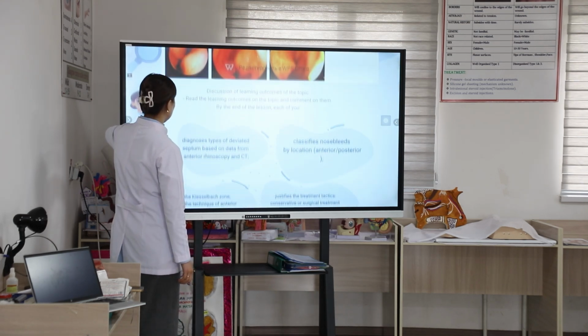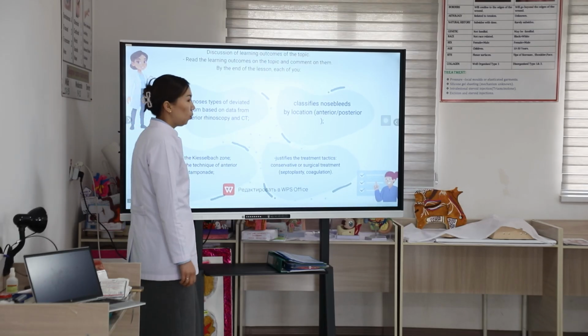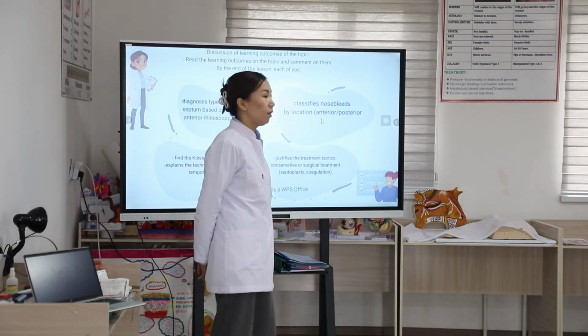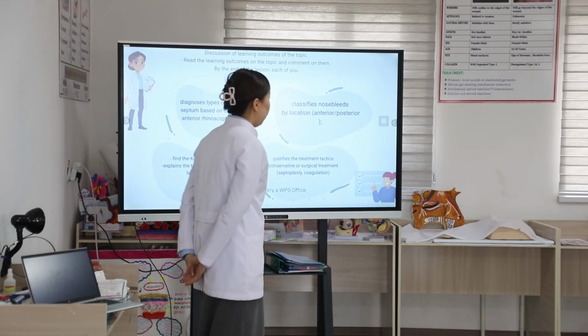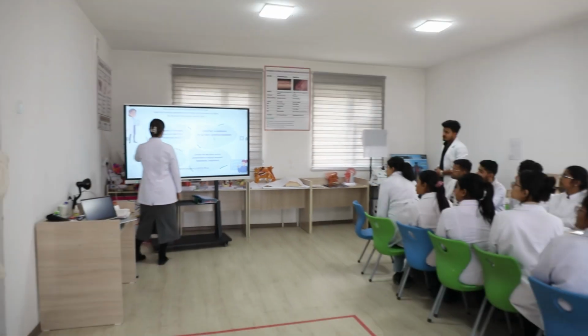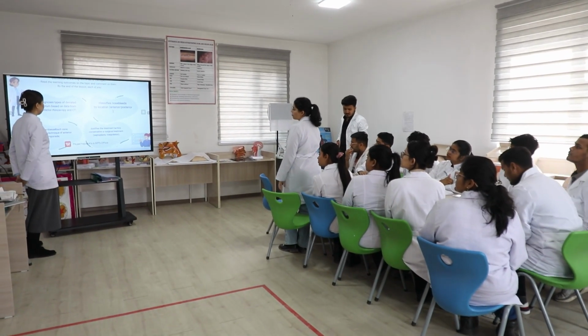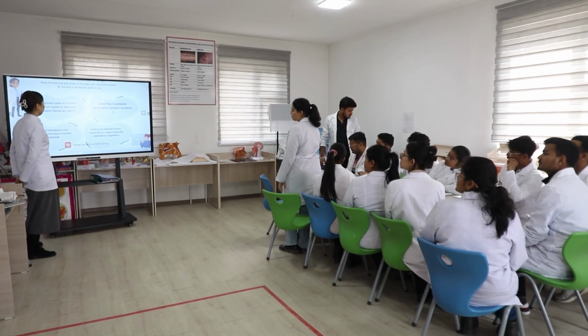About today's topic, we have some goals, outcomes after the learning. Can you please read the first one? First is to diagnose the type of deviation, symptoms based on the data from anterior rhinoscopy and CT.